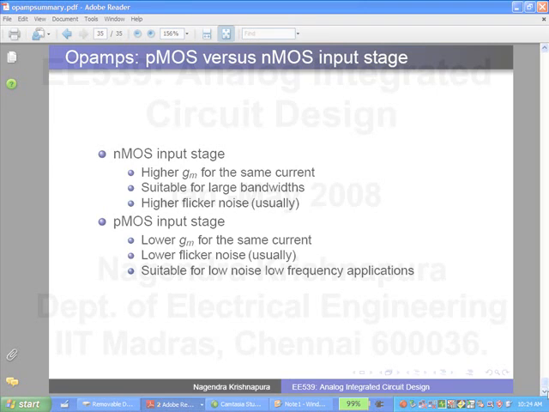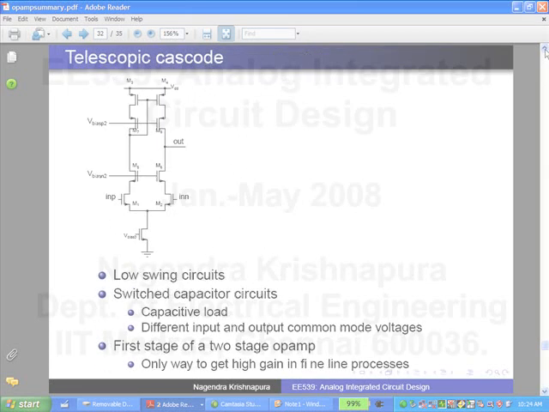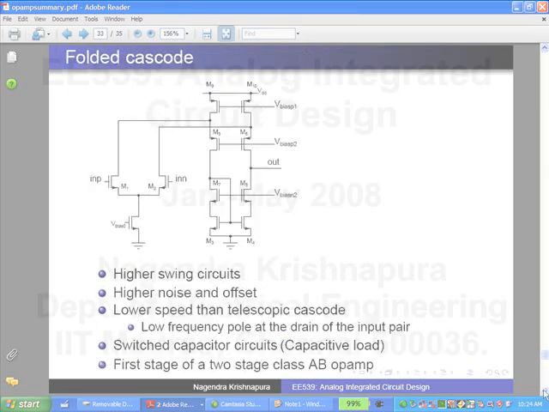Yeah, that's correct. Why do you think that folded cascode is going to be always lower speed than the second stage? So the question is, you have a certain load for the folded cascode and certain load for the two-stage op-amp.